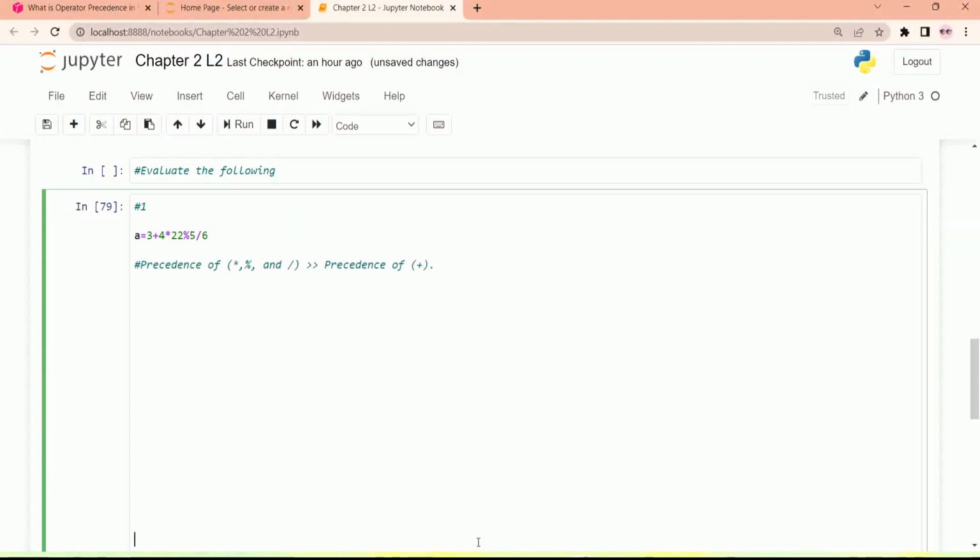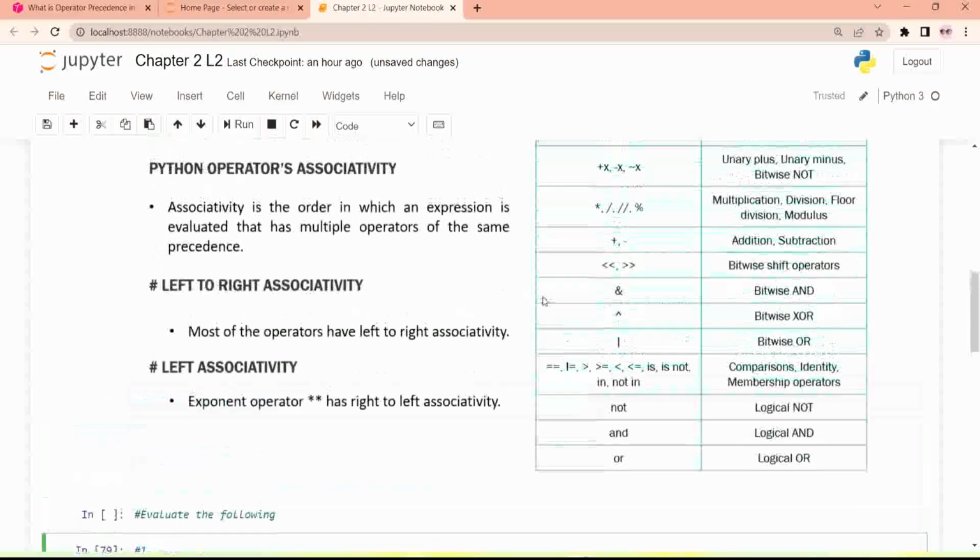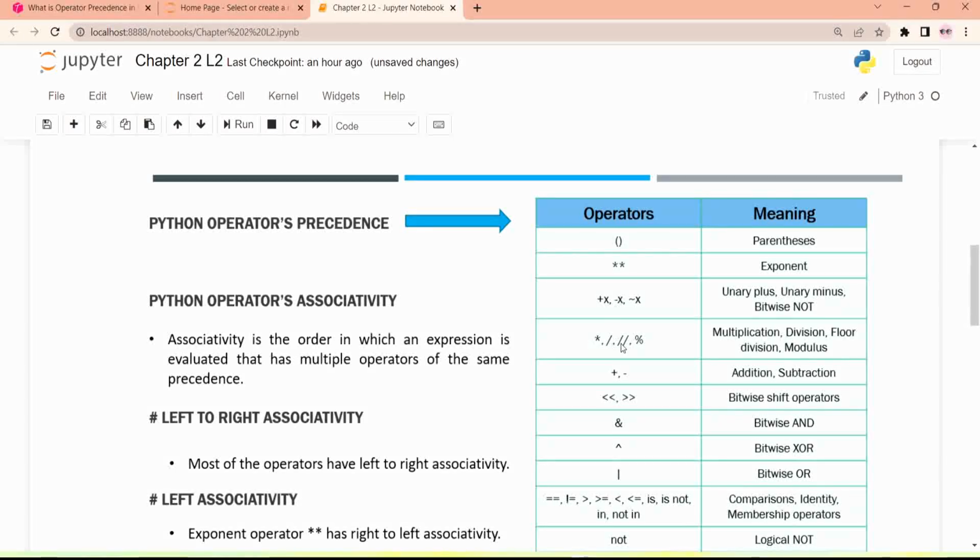Let us evaluate the first expression. From the above table, it can be clearly observed that star, modulo and divide have the same precedence level here, so associativity we have to take from left to right.